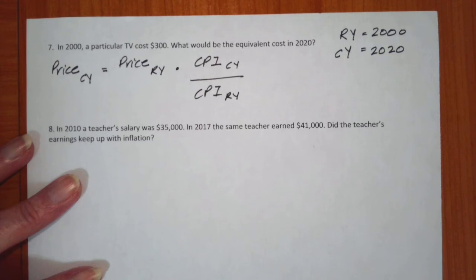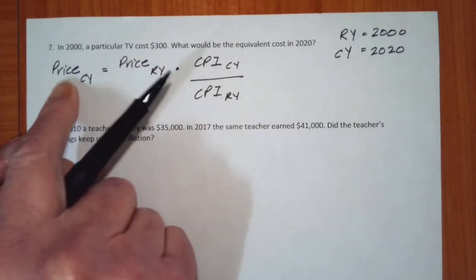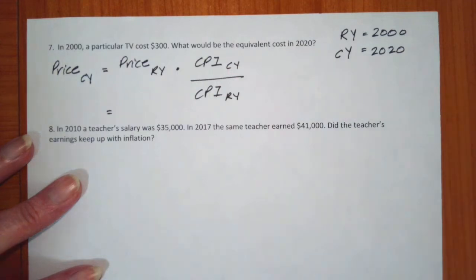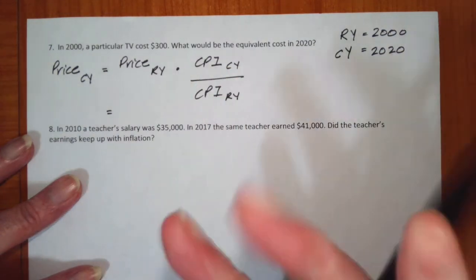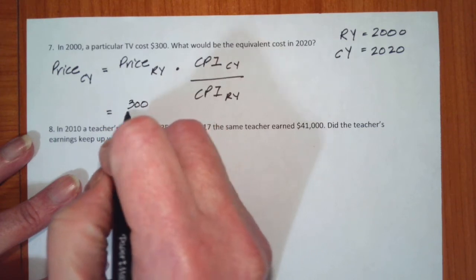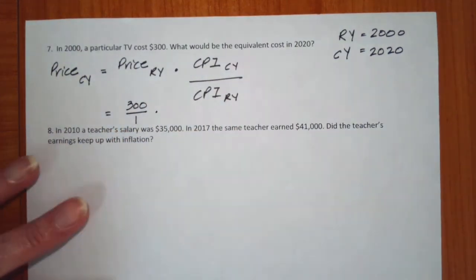And notice here, as I'm doing this, I'm going to put this over 1. This is what we want, which means we have to know all of these, and we do. The price in the reference year is $300. I'm going to put that over 1 since I'm multiplying fractions.